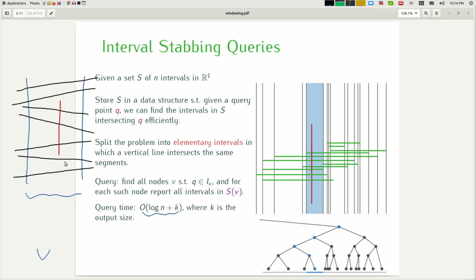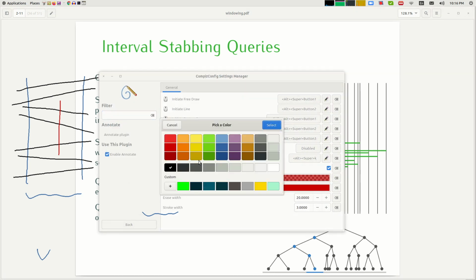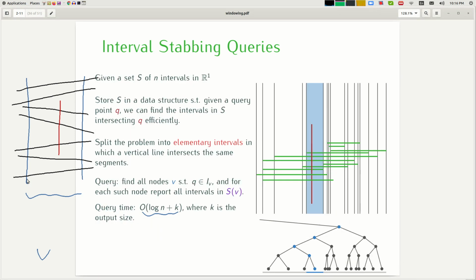Given a query line segment like this, I want to find those that intersect it. Here it's not too difficult to give a data structure, because what I can do is just store these line segments in an array: 1, 2, 3, 4, etc. And then I just need to do a binary search. I look at the middle line segment.